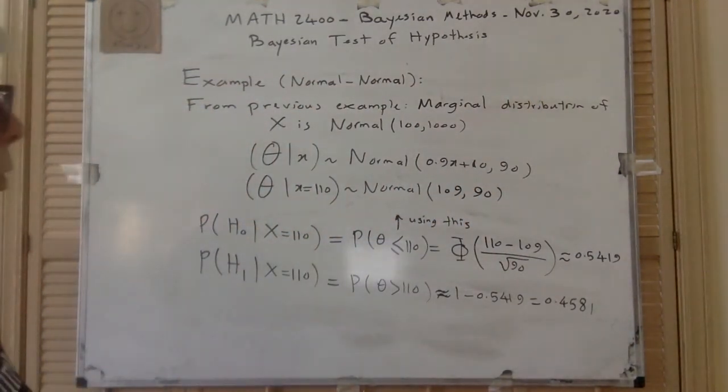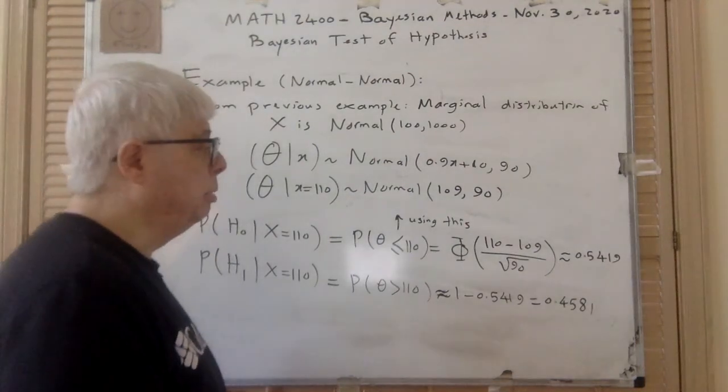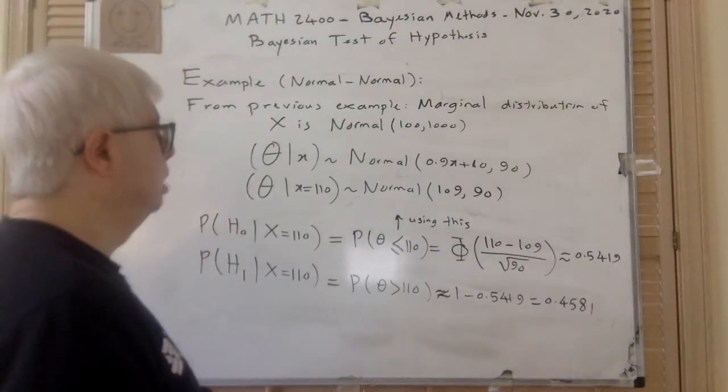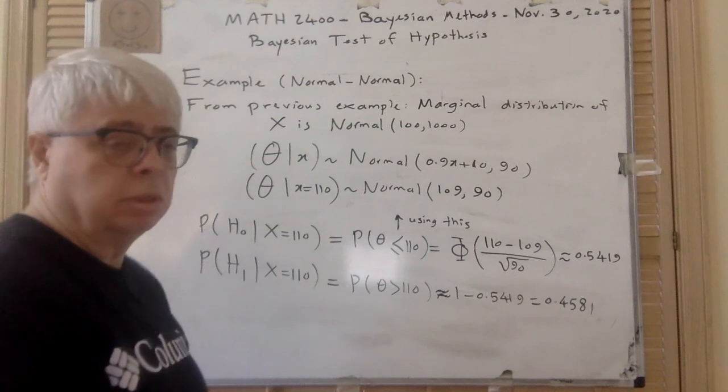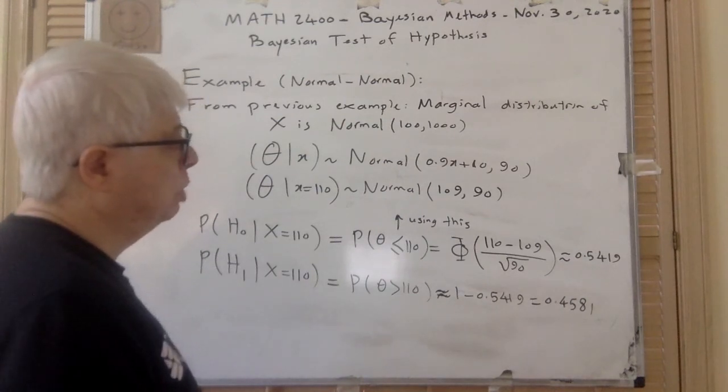So I have these two probabilities. By looking at this, you can say that I can accept H0, that the mean is less than or equal to 110.